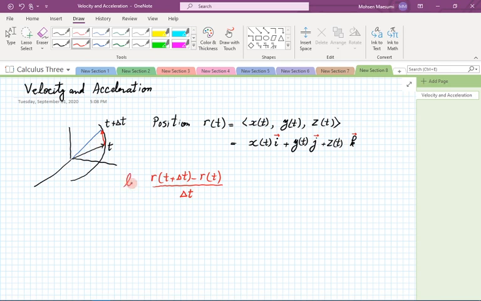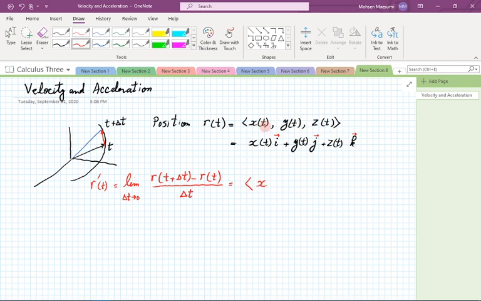If you let this go to the limit as delta t goes to 0, what you recover is written r prime or dr/dt, and it is simply the derivative of these three functions that you had.